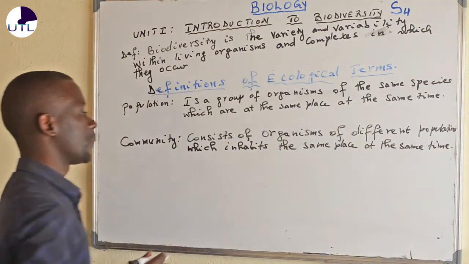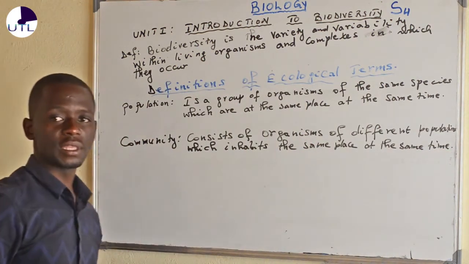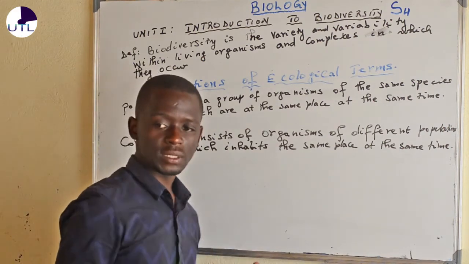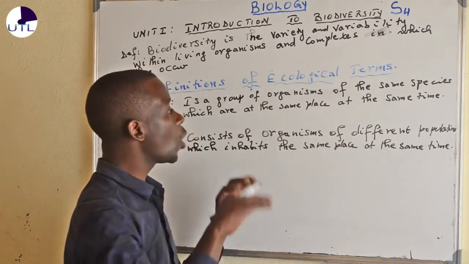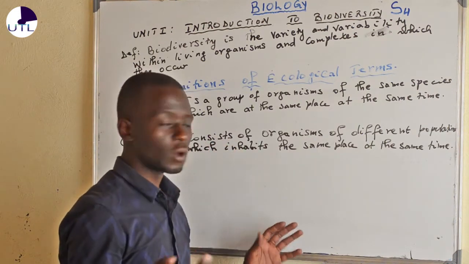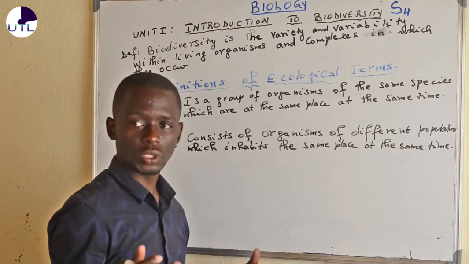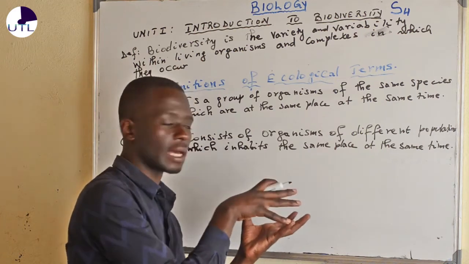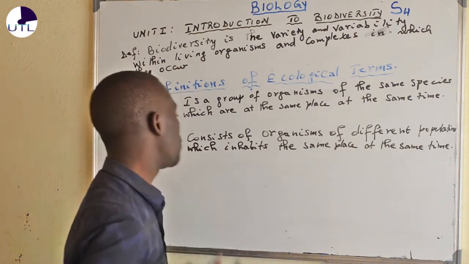We can have a community of human beings and goats and cows, all these organisms of different populations which occupy a certain place at the same time make a community.